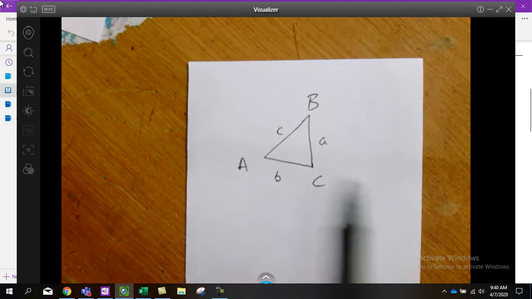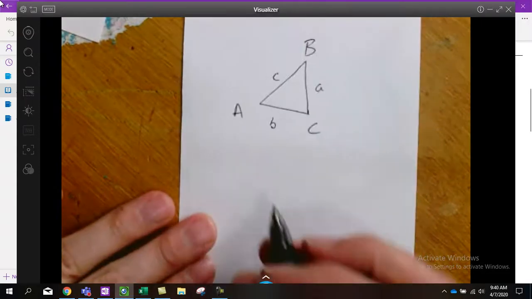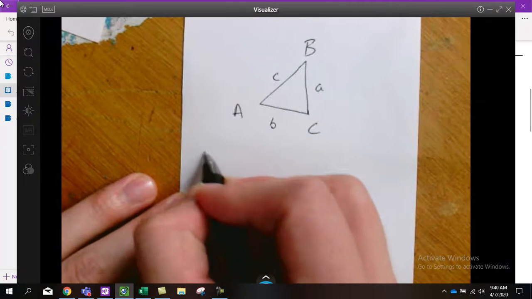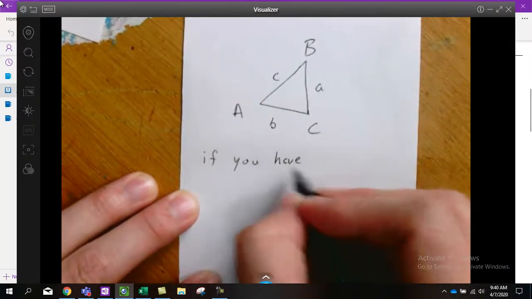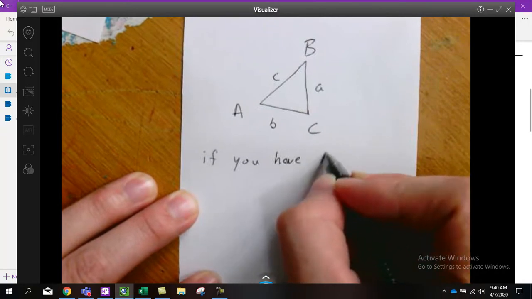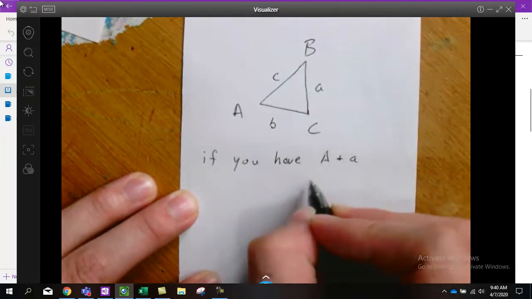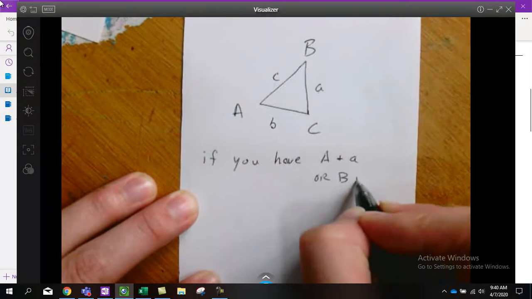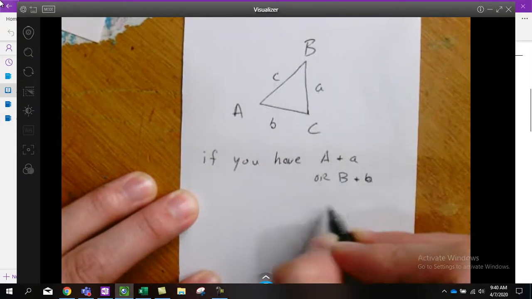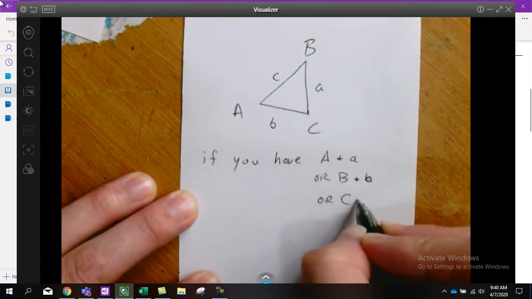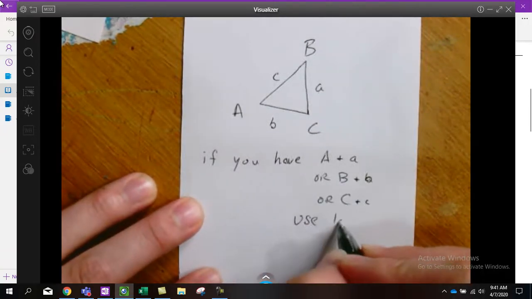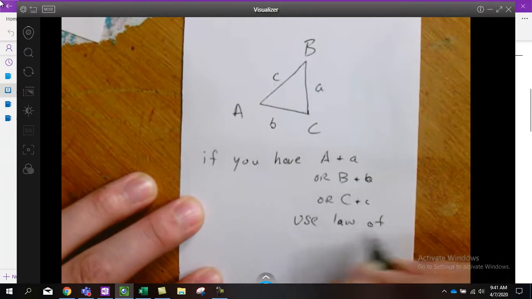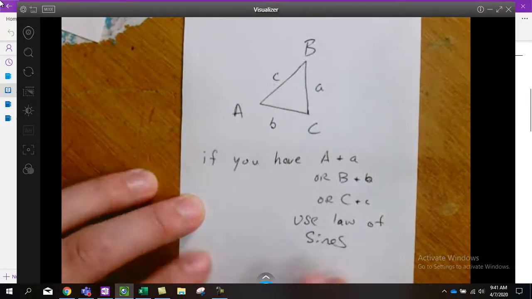The first thing we need to understand is, when we go to actually come up with the labels, if you have big A and little a, or big B and little b, or big C and little c, you can use what's called the law of sines.